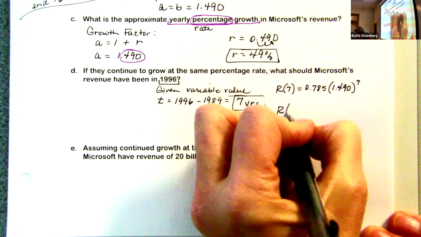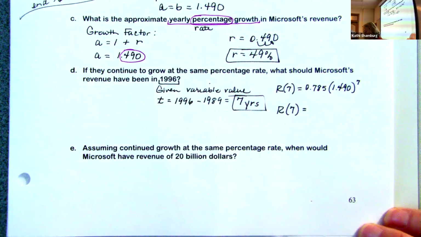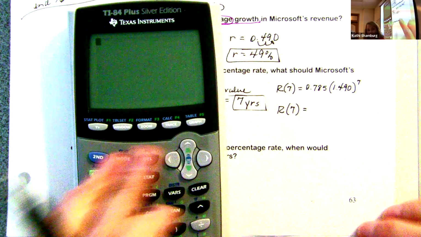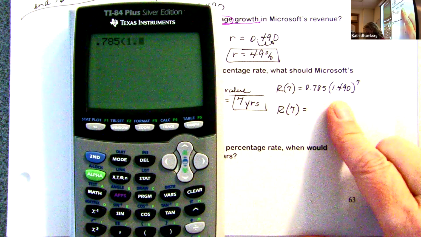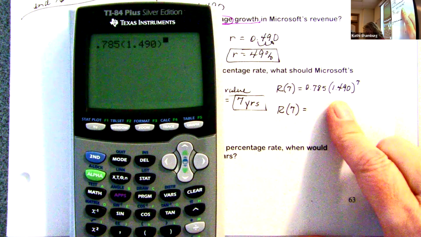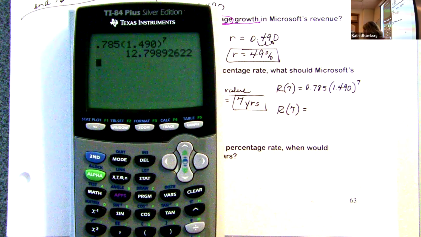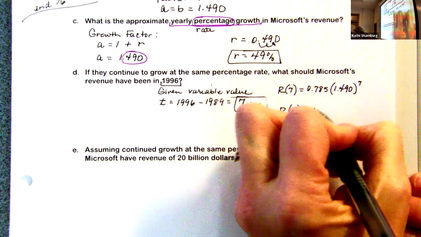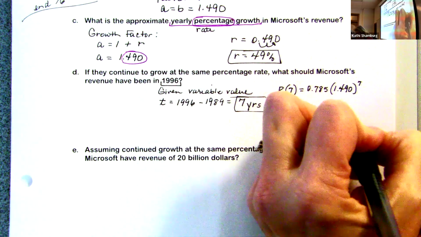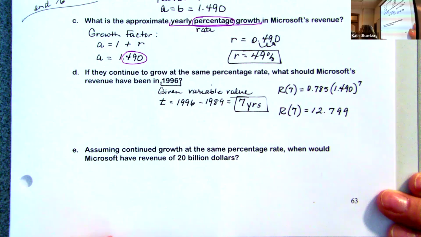So revenue 7 years after 1989, and then it's just a matter of putting it into your calculator. I'm going to go 3 decimal places. Pay attention to WebAssign, test, quiz. If it doesn't say, 2 is sufficient. 12.799. And what are we talking about here? Revenue. Billions. Okay, and what are the units of the revenue given in the table? Billions.